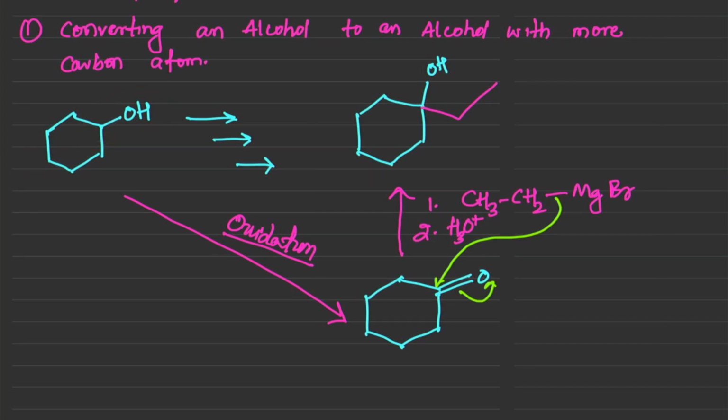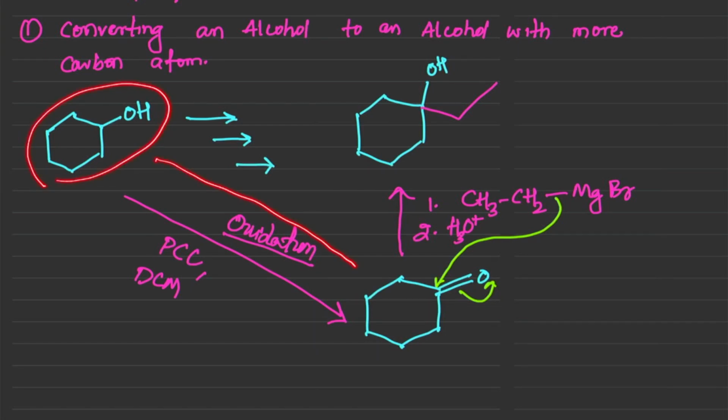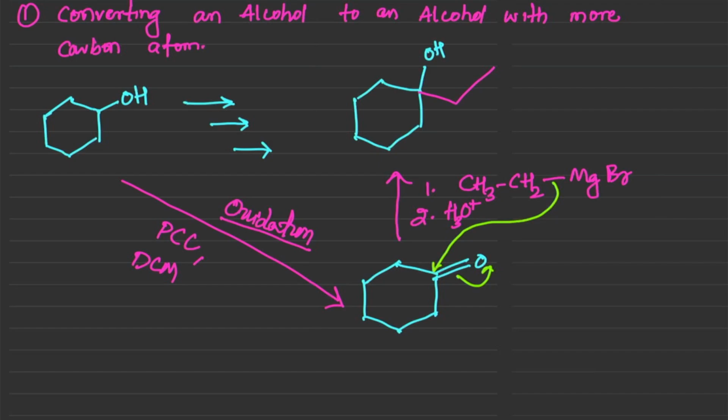By default, we will be using pyridinium chlorochromate with dichloromethane. You could have used Swern oxidation, hypochlorous acid, or Dess-Martin periodinane as well. All of this would work. The basic idea is all we need to do is oxidize this into some sort of ketone. And there we go. That's how we did it.